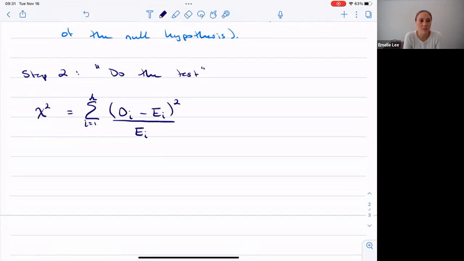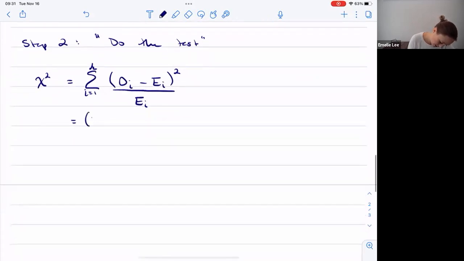That's a little bit nasty, but if we expand this, just so you can see what's going on, starting at i equals 1, we have the observed count 1 minus the expected count for group 1. Then we square that so we always get a positive value, and then we divide by the expected count.